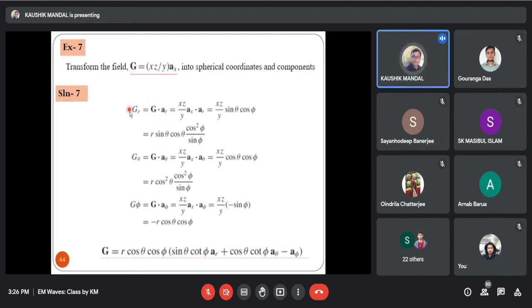So first, this field we have to transform into the spherical coordinate system. So gr means the vector g dot ar. What is the g vector? G vector is given as xz by y ax. So we have to consider the dot product between this ax and ar.